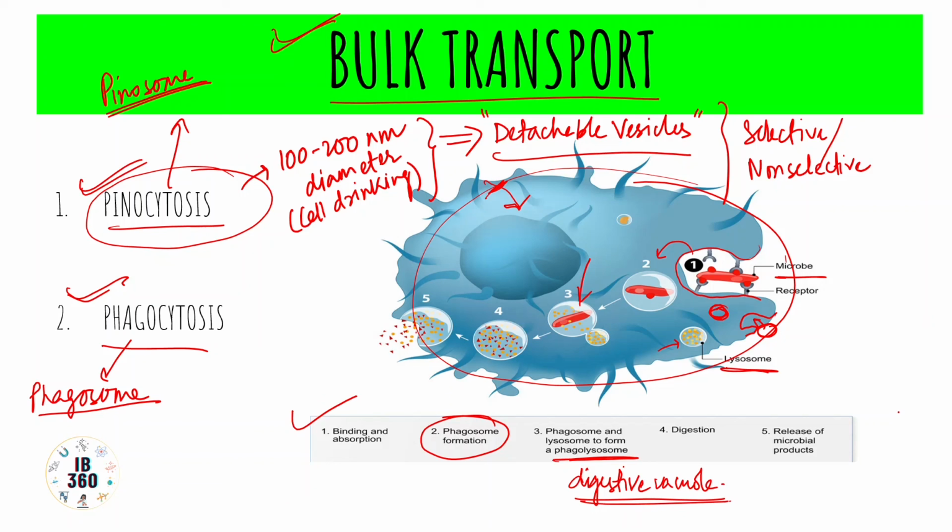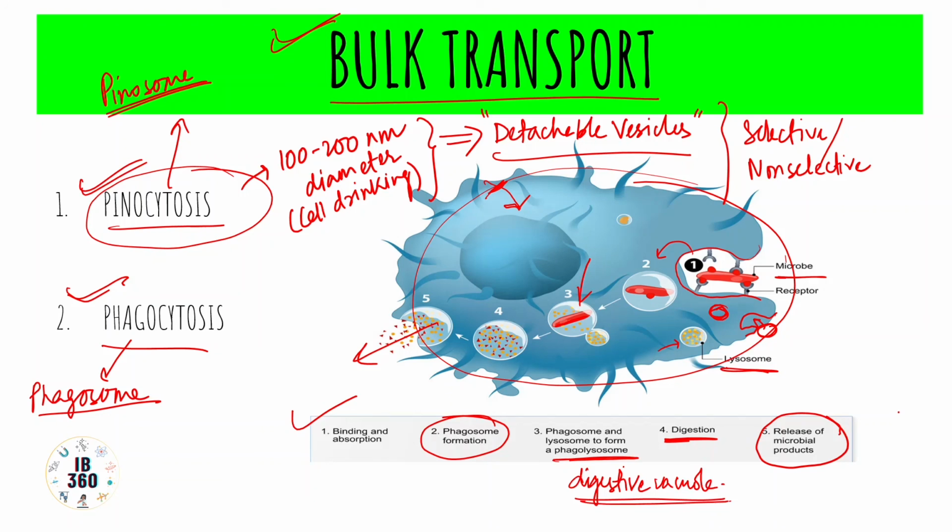And then the microbe is digested, and process 4 marks the digestion, and then the microbial products are released outside. So this is how phagocytosis is done.